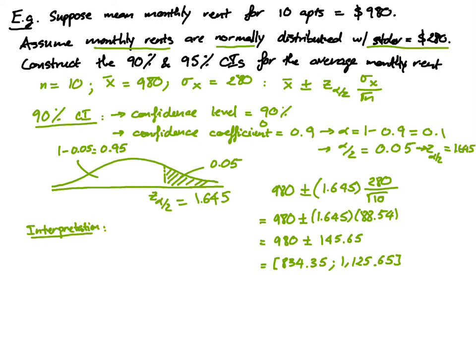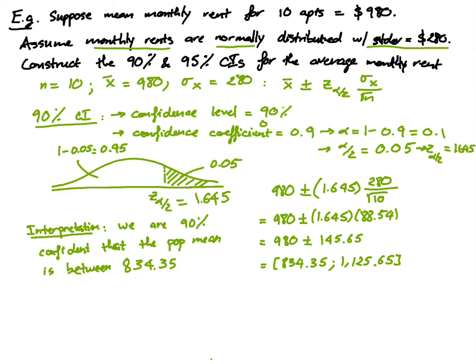The interpretation is that we are 90% confident that the population mean is between $834.35 and $1,125.65. So that's the interpretation of the result.